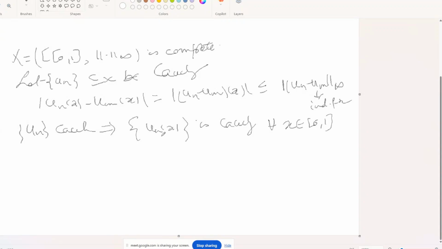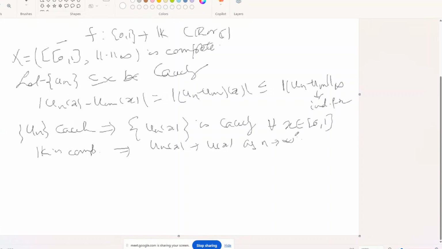This is in R. What is the C01? It's a map from [0, 1] to K. K is either R or C. So this is a sequence in the real line or the complex line. But this is Cauchy. So K is complete, which implies this u_n(x) converges to u(x) as n tends to infinity.